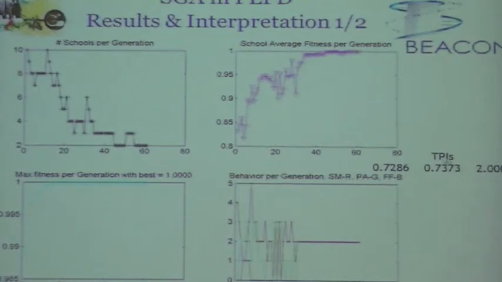The TPI here was 7.73, almost identically the same, and in the environment it was 2. The maximum value of the TPI is 2. So for the environment, what does this mean? It tells me that the performance was reached in both environments.